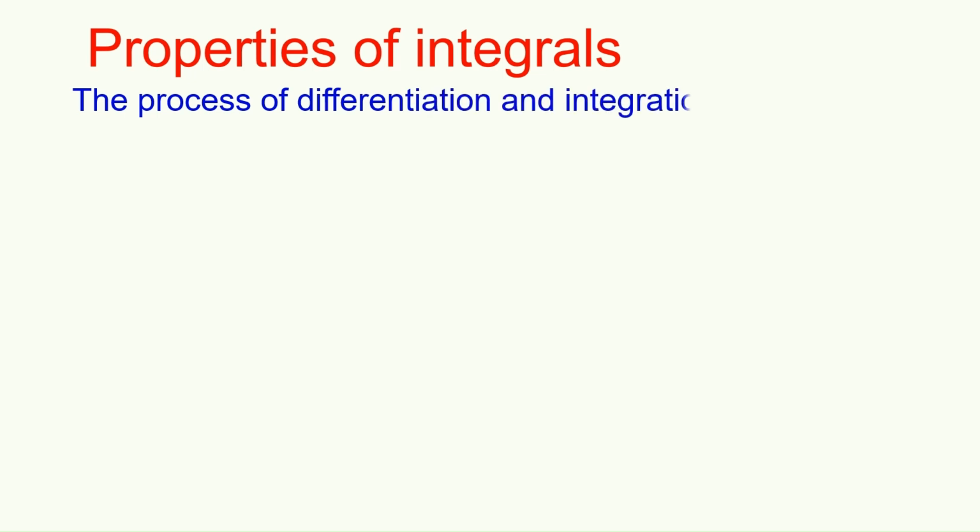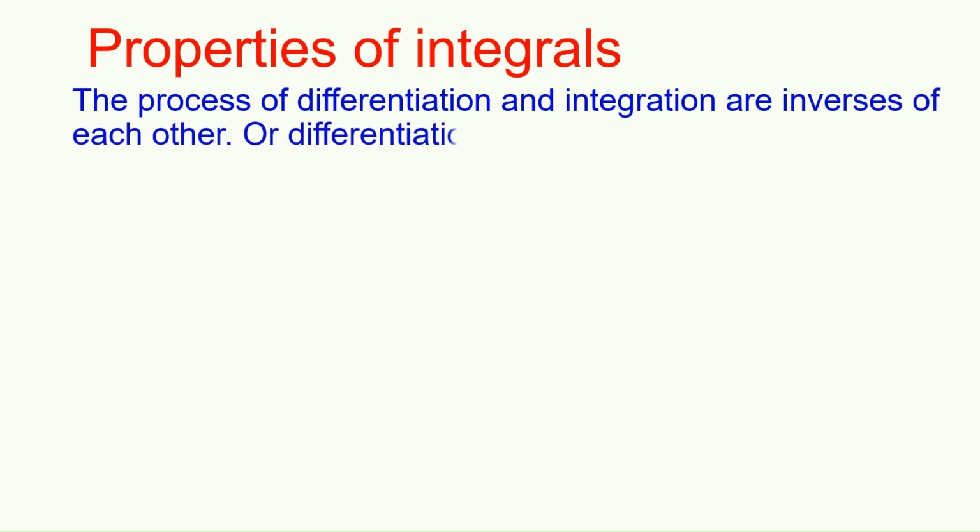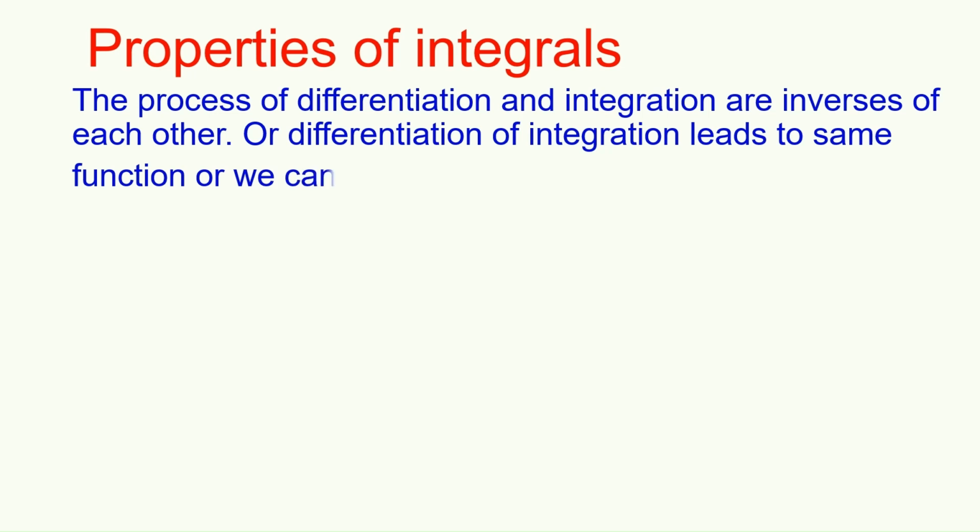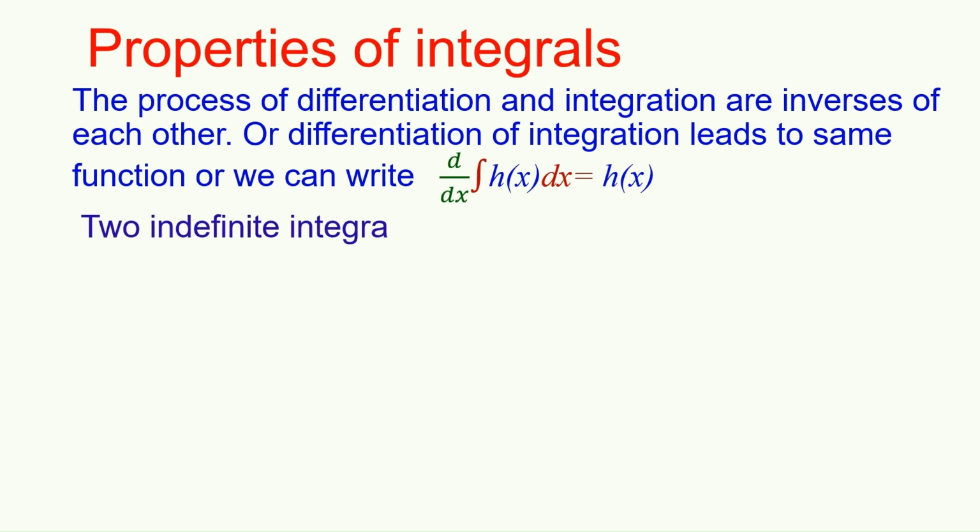Properties of integrals. The processes of differentiation and integration are inverse of each other, or differentiation of integration leads to the same function, or we can write d/dx of indefinite integral h(x) dx equals h(x).